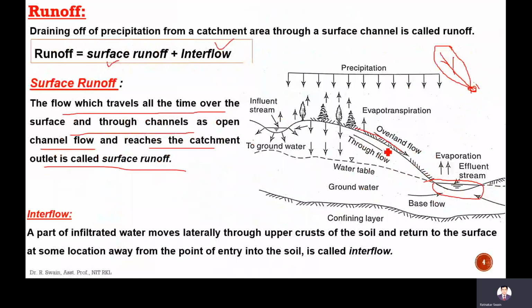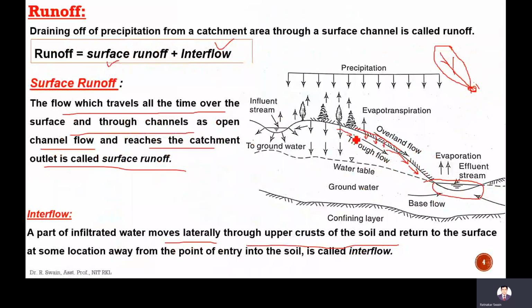Interflow means the part of infiltrated water. During rainfall, some part of the water infiltrates. That part of the infiltrated water, not all the infiltrated water, moves laterally through the upper layer of the soil, this upper crust, through the motion of gravity.